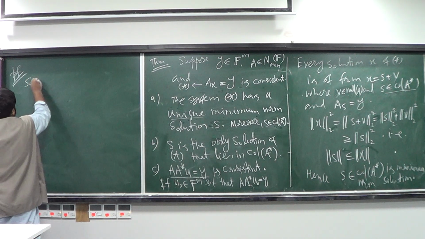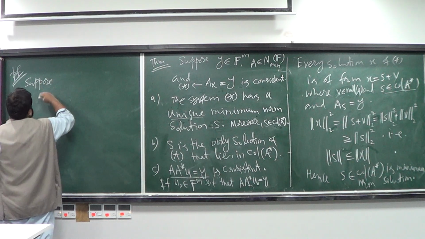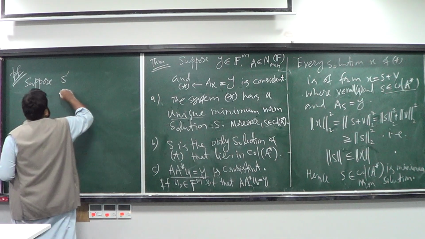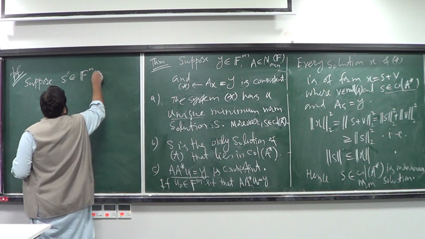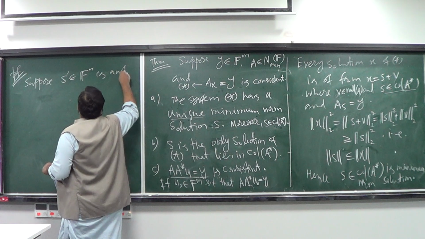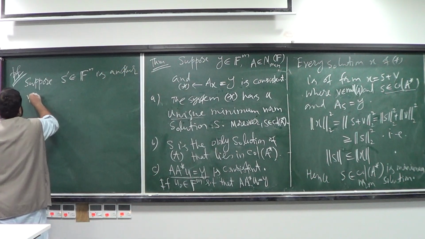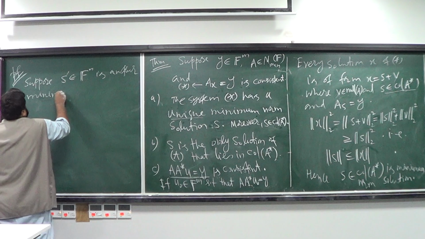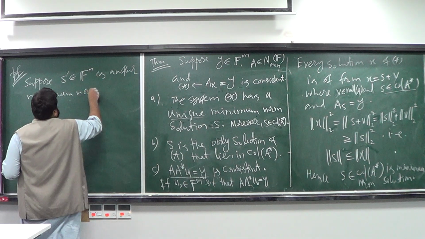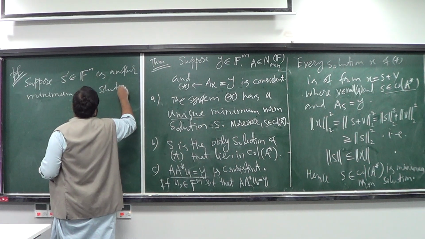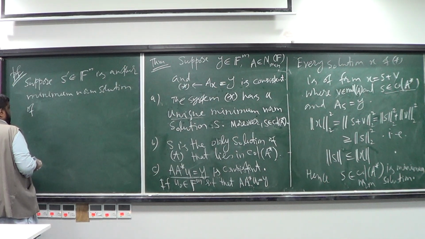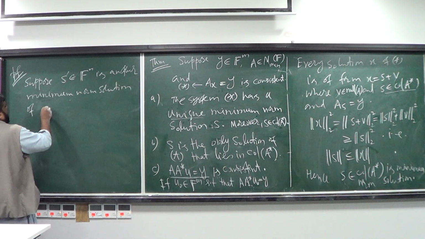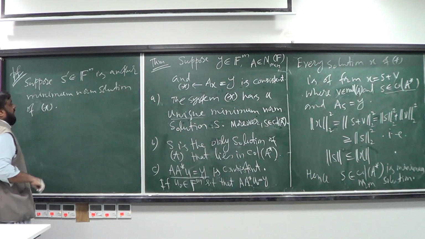So suppose s prime belongs to F n and is another minimum norm solution of A x = y.